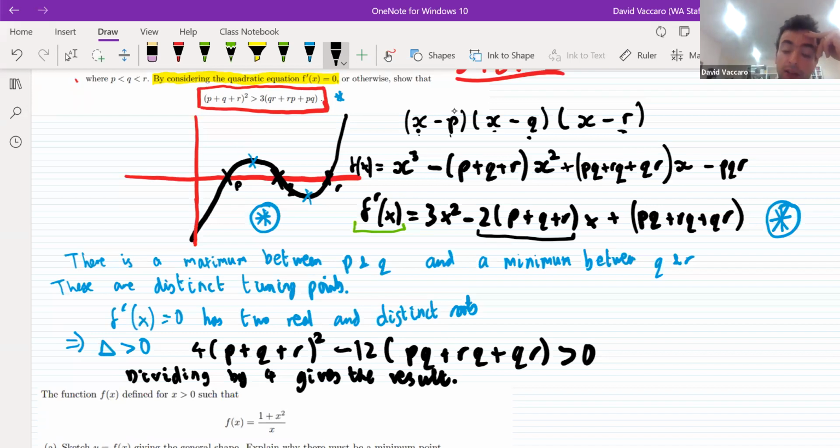So this is a differentiation question, but it calls upon a sketching of graphs and forming a connection between that and quadratic equations, and drawing a connection between quadratic equations and discriminants. I just invite you to put a thumbs up in the chat if you're happy with that question, or put any questions in.